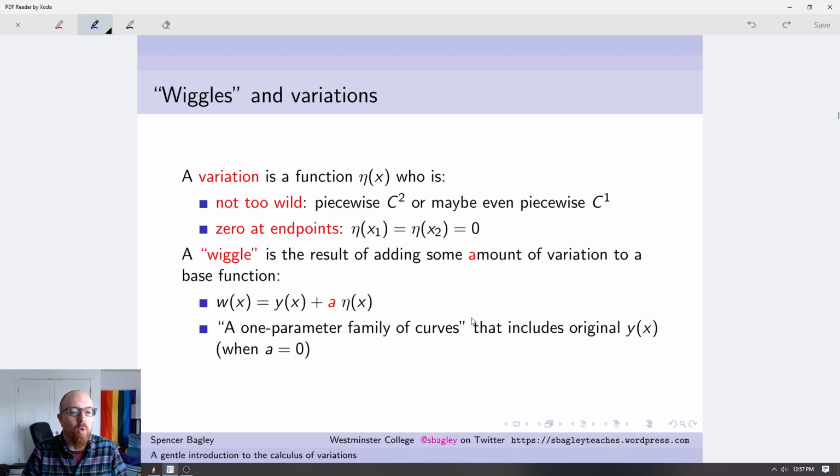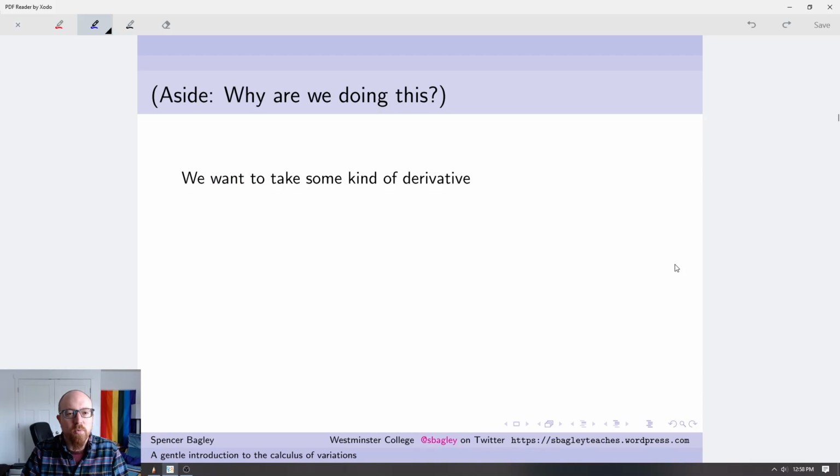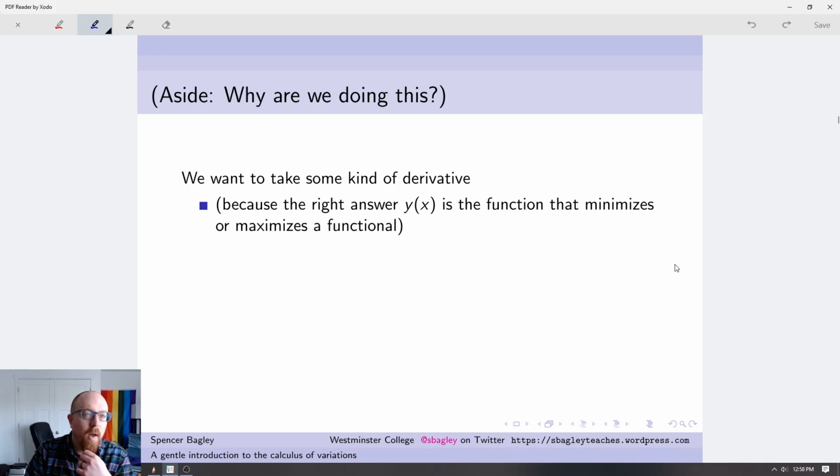It is giving us a one parameter family of curves that includes the original y of x, specifically when a equals 0. And so you can think of a as the amount of the variation that we are going to add to our original curve. Okay, why are we doing this? It's because we want to take some kind of derivative, because the right answer to our question is the one that minimizes or maximizes a functional, and derivatives are a good technical handle on extrema.